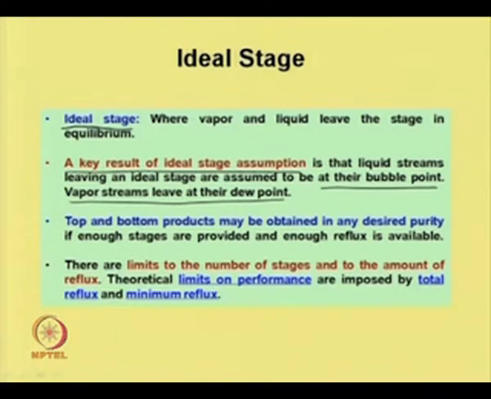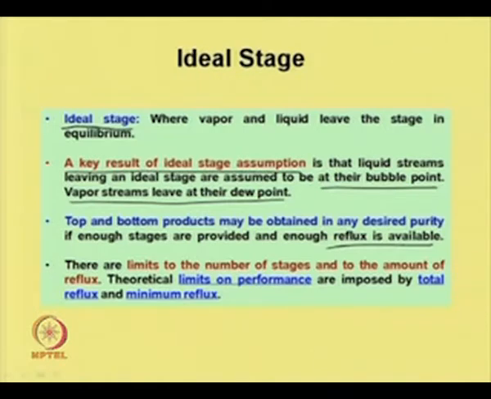The top and bottom products may be obtained in desired purity if enough stages are provided and enough reflux is available. But there are two limits, that is the number of stages and the amount of reflux. We cannot vary these indefinitely, with an infinite number of stages or total reflux.